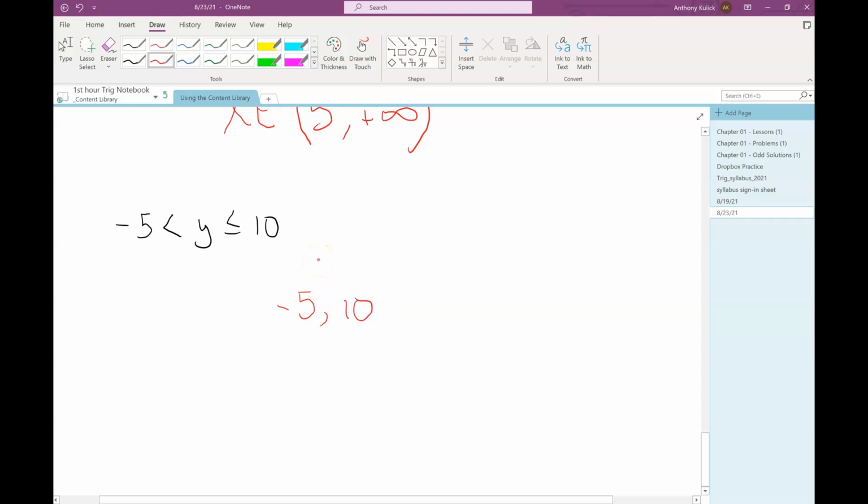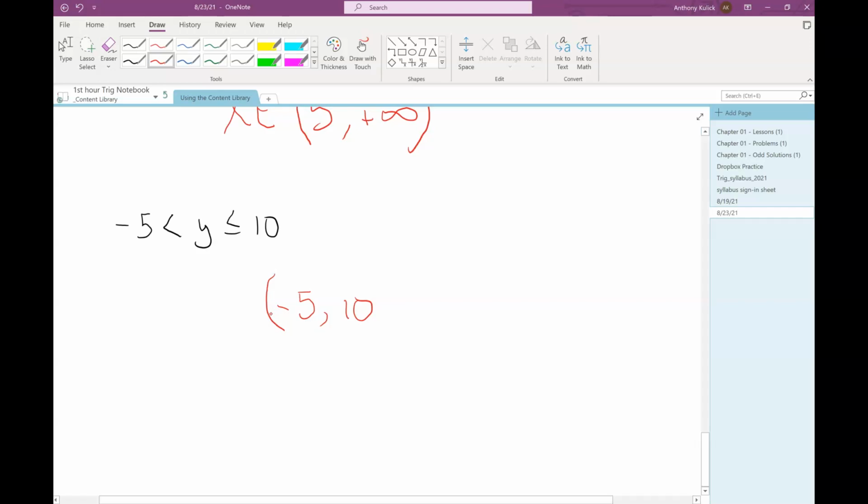Now, the inequality involving the -5 is a strict less than, so I should get a parenthesis on the -5. Again, -5 is not a member of that because -5 is not less than -5.